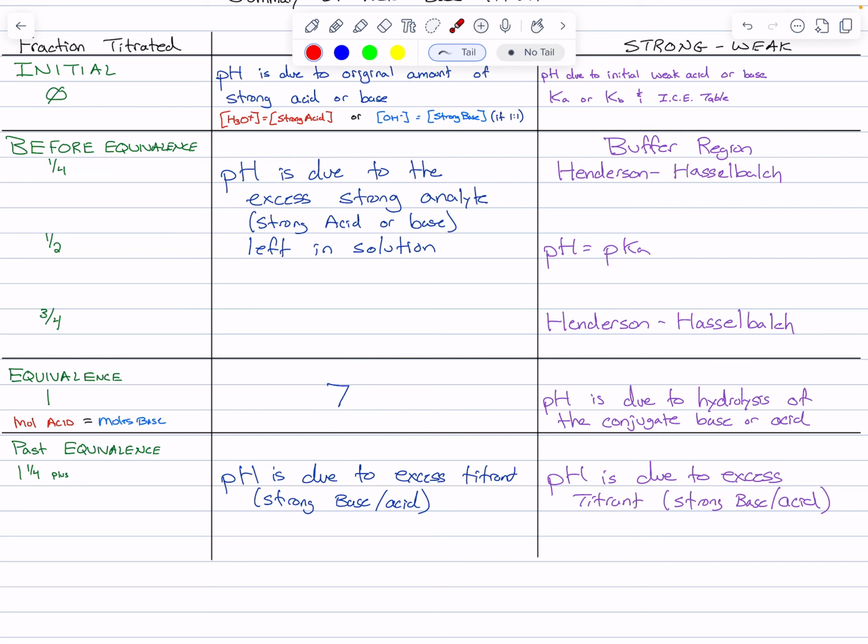And then strong-weak, we've got hydrolysis here, the hydrolysis of the conjugate, whatever the conjugate is, whether it's a conjugate acid or a conjugate base. So whatever reacts, you have a weak salt that's going to be either a proton donor or acceptor, and that's going to change the pH.